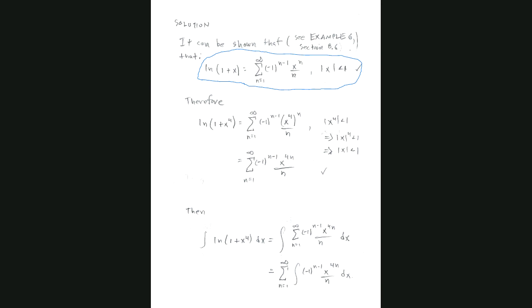Or another way of saying that is that x is between 1 and negative 1. So the book in section 8.6 shows you how they get this result. I'll let you look at that example to see how they get this result. But now, of course, what we have is log of 1 plus x to the fourth.